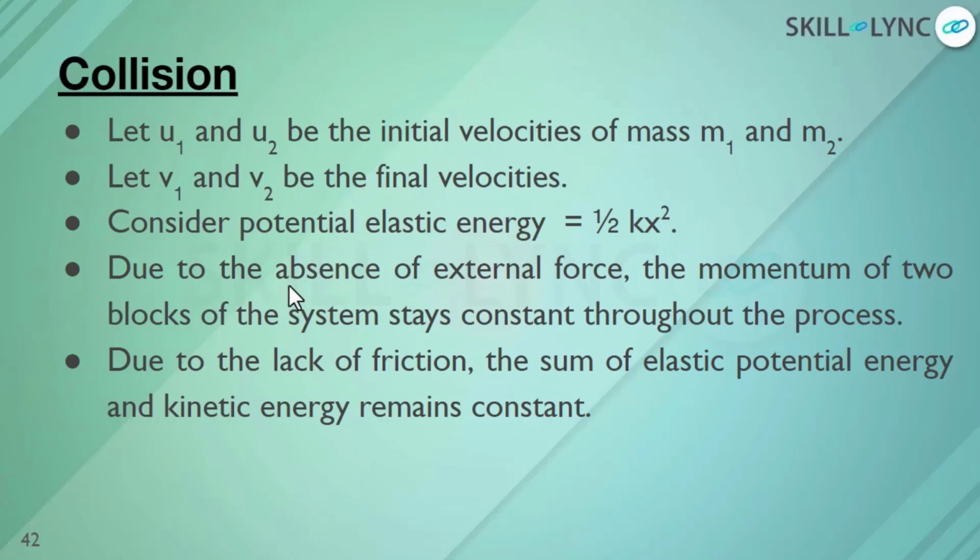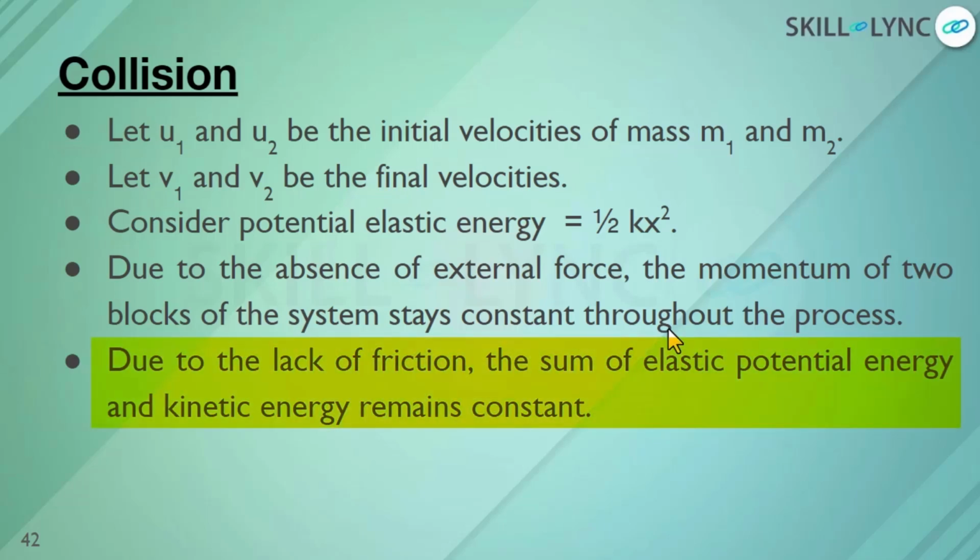Thus, due to the absence of external force, the momentum of the two blocks of the system stays constant throughout the process, since there was no external force applied by anyone or any other object. Thereby the momentum of the blocks in the system stays constant, and due to the lack of friction, the sum of elastic potential energy and kinetic energy remains constant.